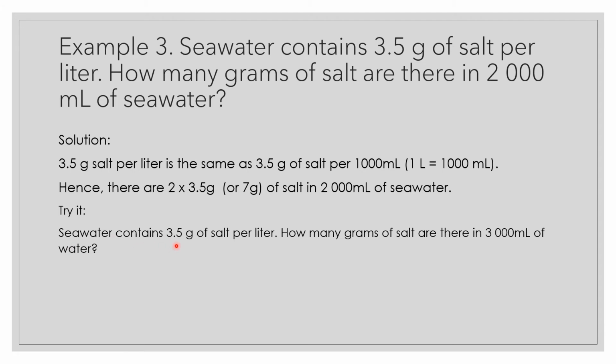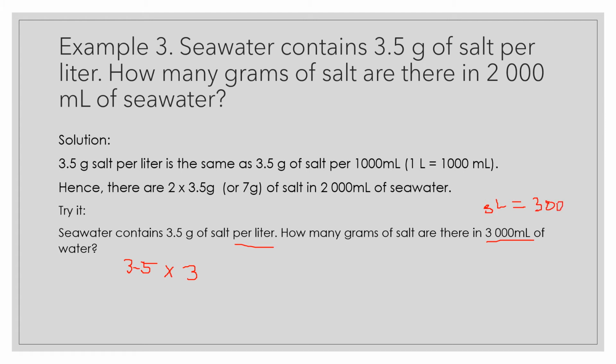Next, let's try. Seawater contains 3.5 grams of salt per liter. How many grams of salt are there in 3,000 ml of water? If we are going to compute that, it's 3.5 times 3, because for 3.5 grams there is 1 liter. So 3,000 ml is equal to 3 liters.